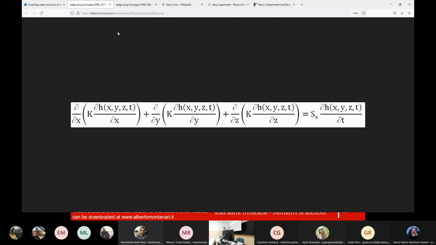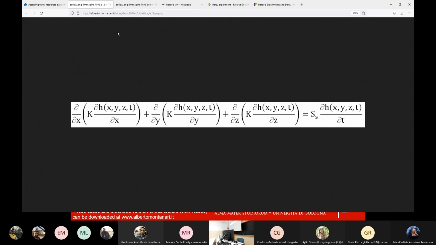And then I could describe this equation, and I could also estimate SS from these measurements. SS is a parameter. It's something that I cannot really measure on the field, but by using these measurements and this equation, I can get an estimate of SS.